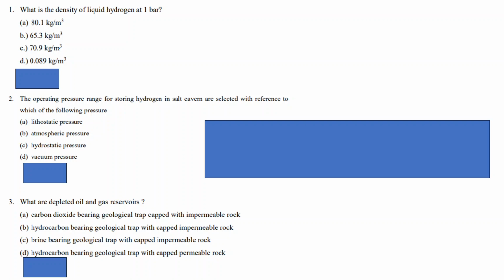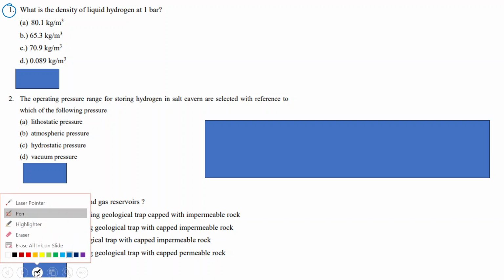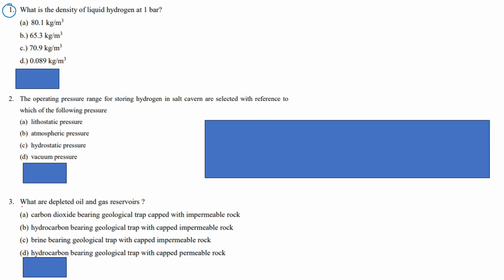Starting with the first MCQ: what is the density of liquid hydrogen at 1 bar pressure? 1 bar pressure means the NTP conditions, normal temperature and pressure.